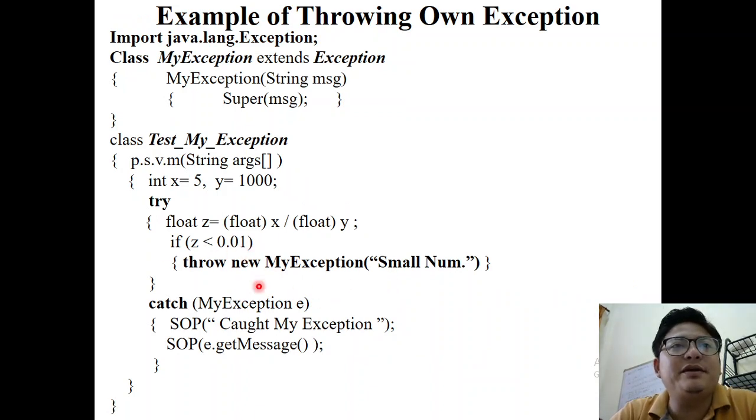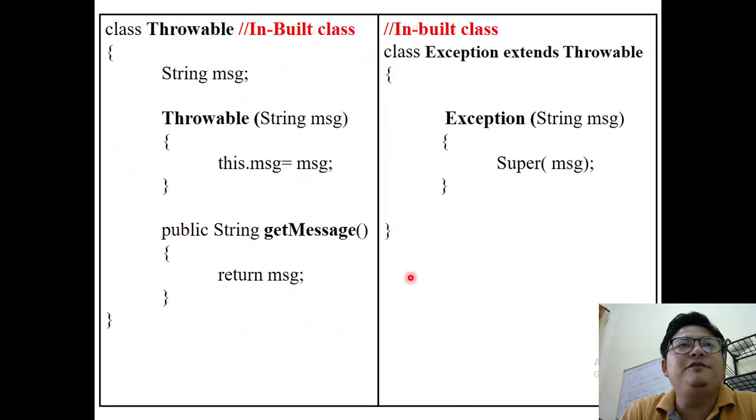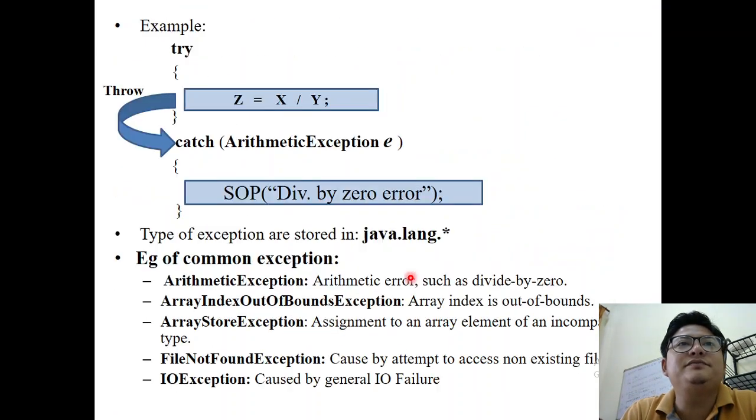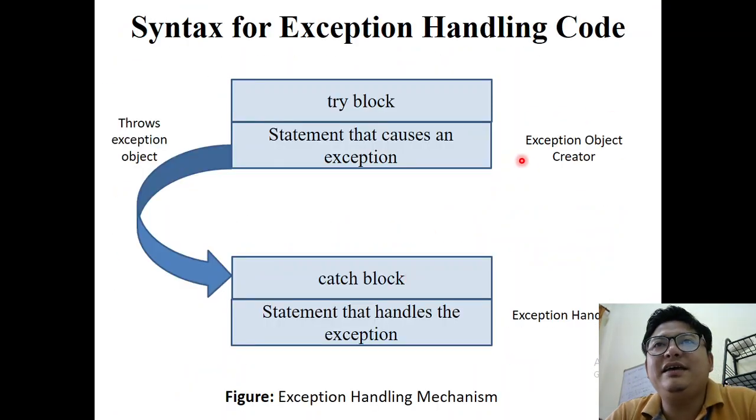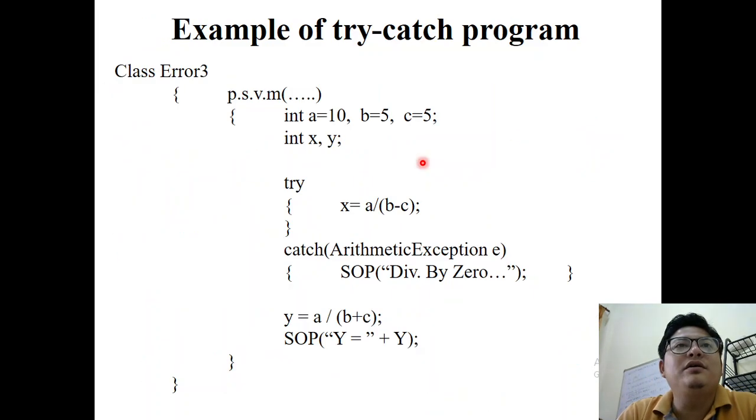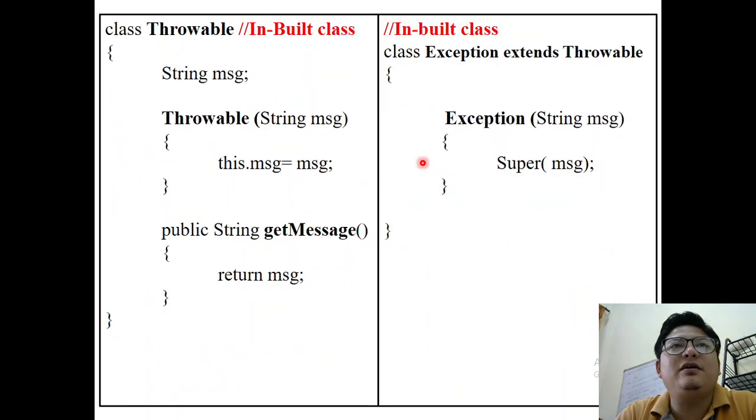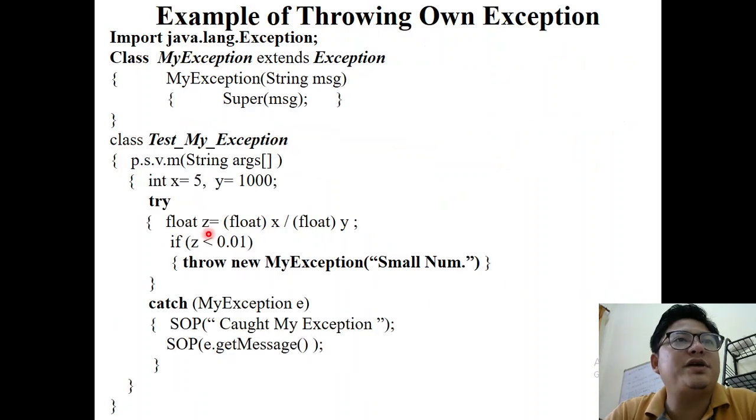So this statement creates the object, because if you see our basic syntax also, there is the exception object creator. The try block will create the object based on the value of the condition. If this condition is true, this statement will create the object.